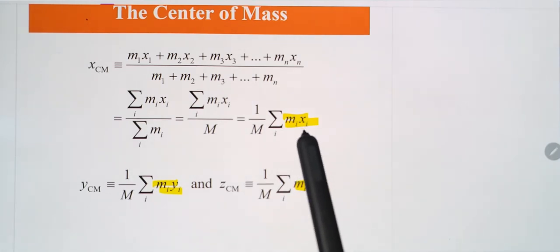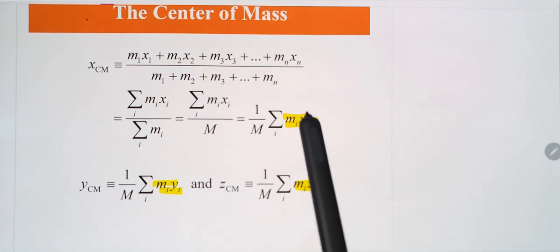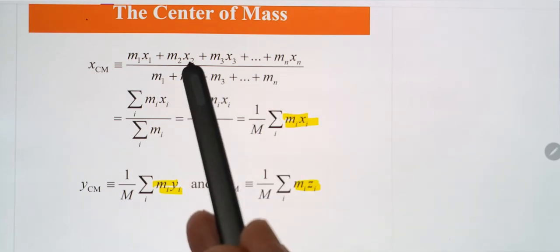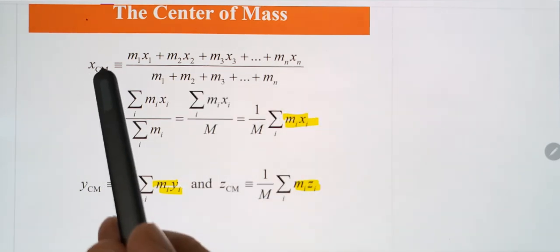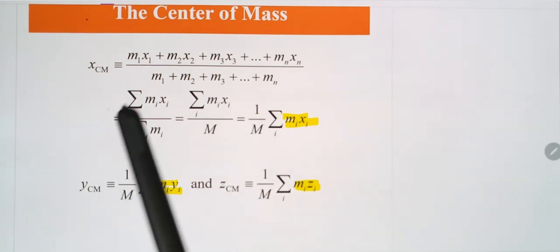Up to here is not confusing, right? Because we just proved it. Of course, so now this is the center of mass.